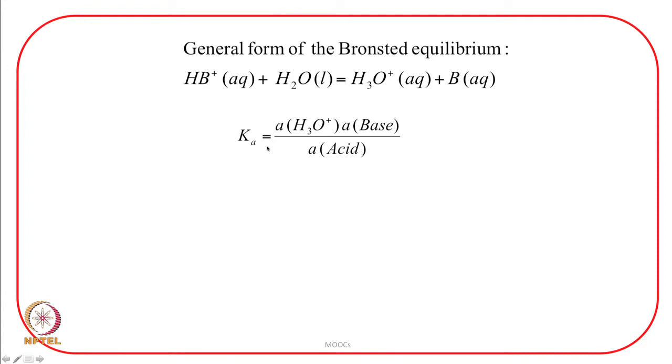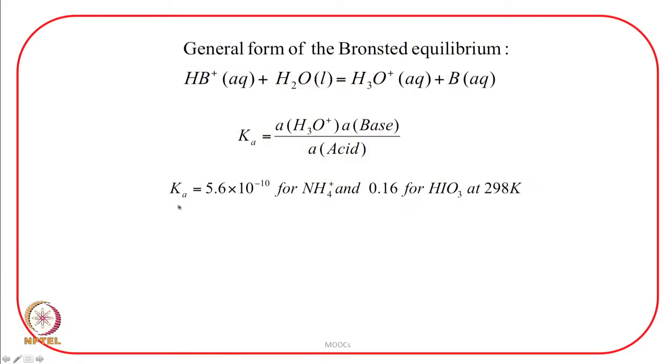Ka is the acidity constant. Depending upon the type of acid, the value of Ka is going to be different, whether we are talking about NH4 plus, or HF, or HIO3.